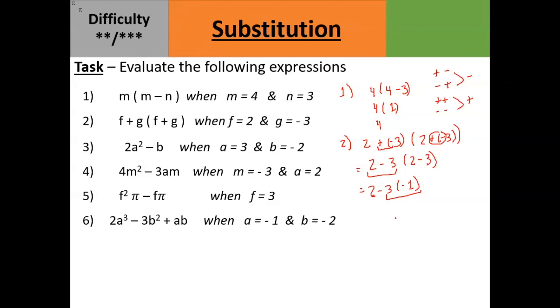You do your multiplication first? Correct. We're going to do multiplication first because BEDMAS tells me that I have to do division and multiplication before any addition and subtraction. So I'm going to get -3 times -1 gives me 2 plus 3, because -3 times -1 gives you a 3. So my overall answer will be a 5.